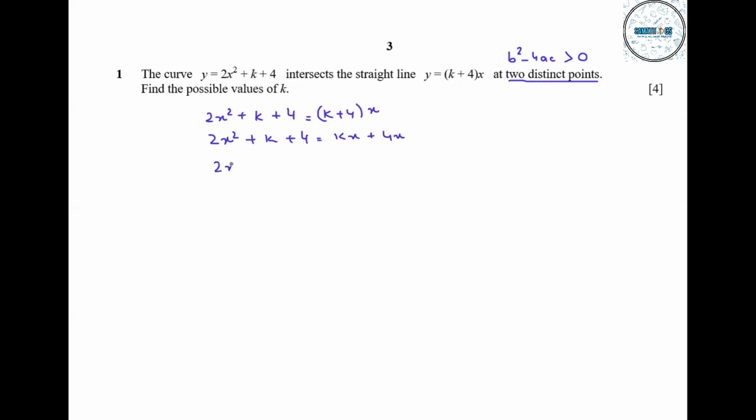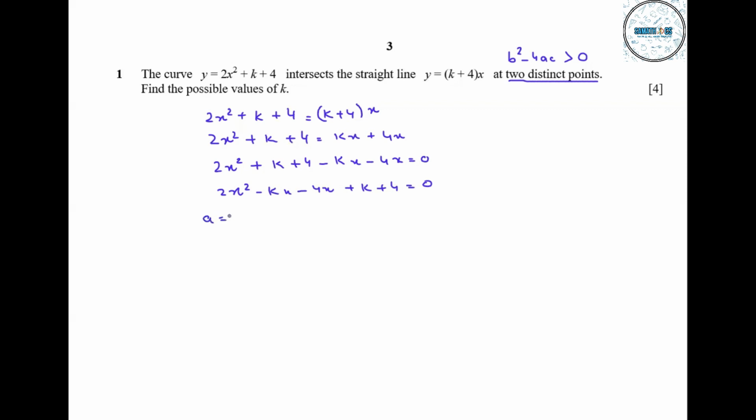Then 2x squared plus k plus 4 minus kx minus 4x is equal to 0. We'll rearrange: 2x squared minus kx minus 4x plus k plus 4 is equal to 0.